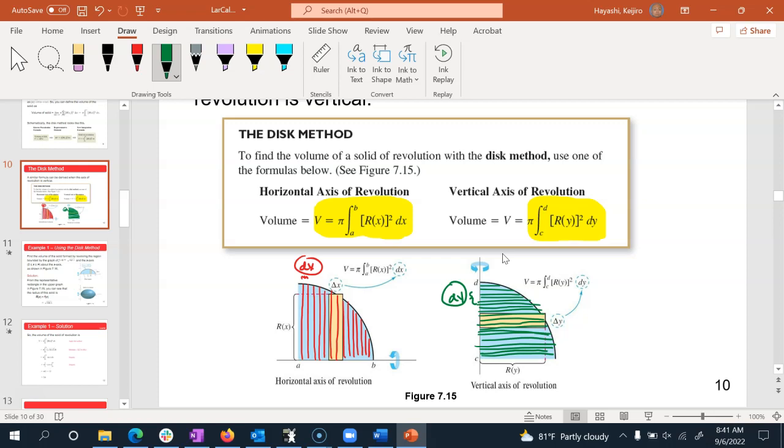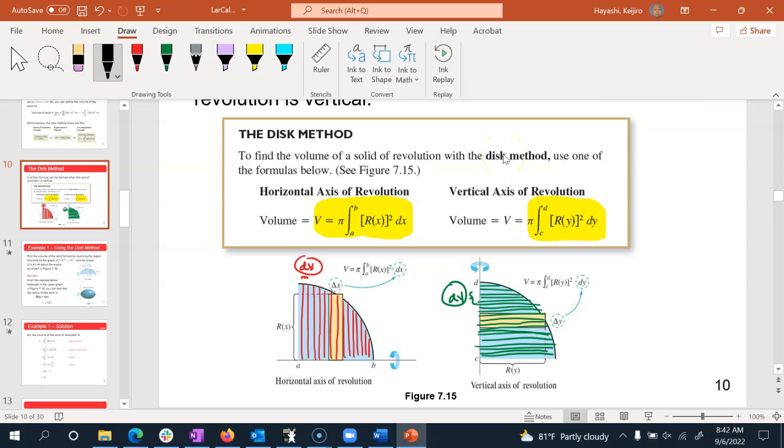And there's going to be a mnemonic that will not make sense to you right now, but will make sense to you later once we learn the other method of finding these sorts of volumes on Thursday. You can write it down at this point or not.